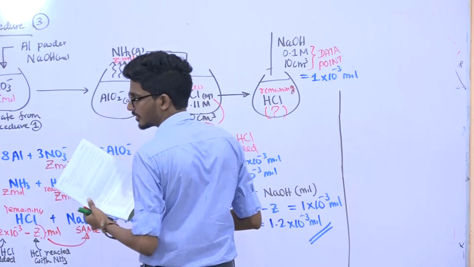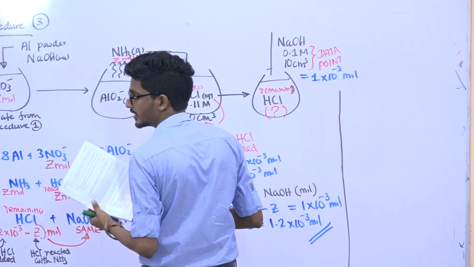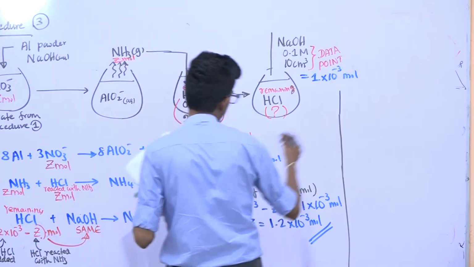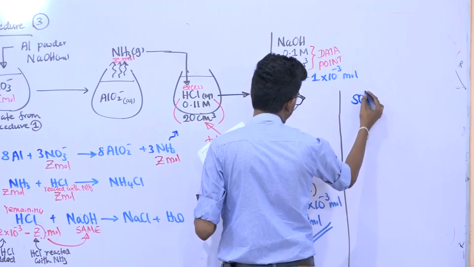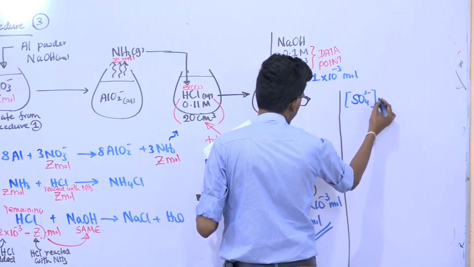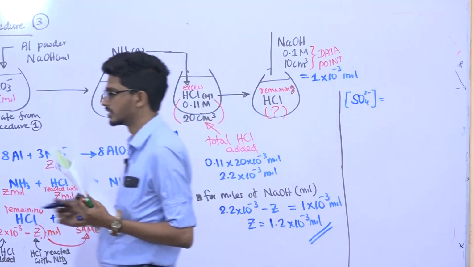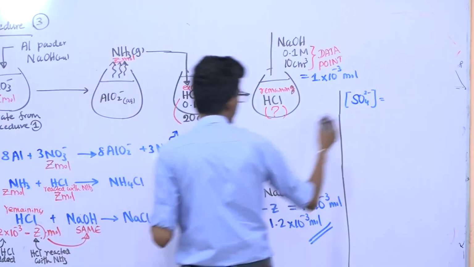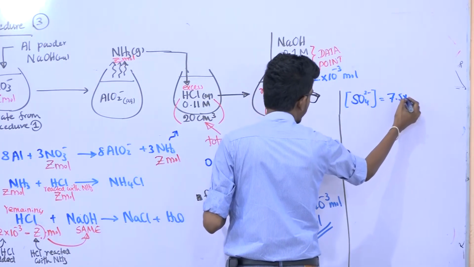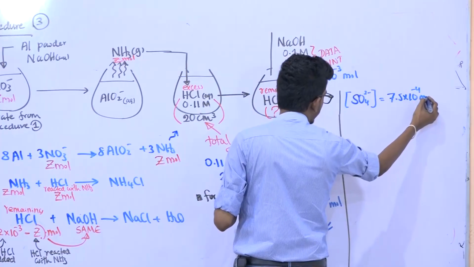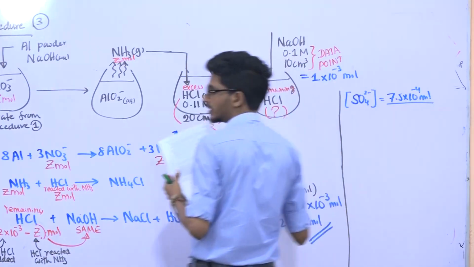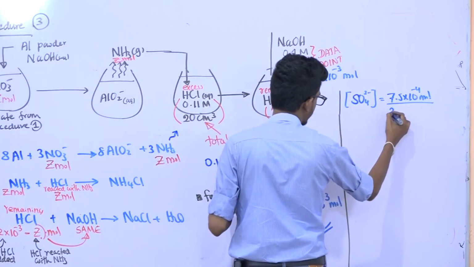So first we have found the sulfate. Let's talk about the sulfate concentration first. Sulfate is actually Y, 7.5 into 10 to the minus 4 moles divided by the volume taken, which was 25 cubic centimeters.